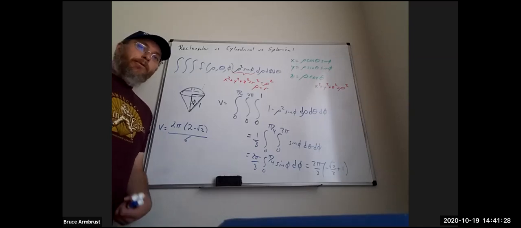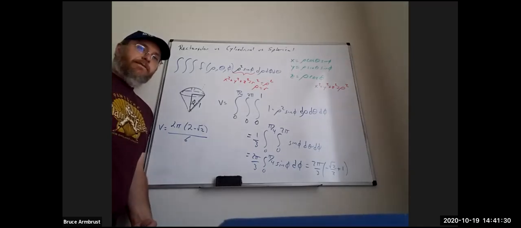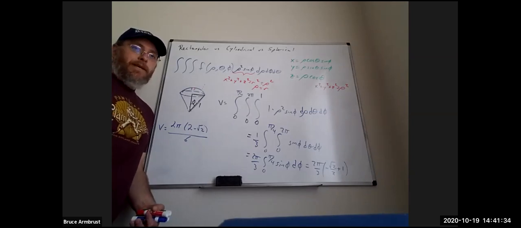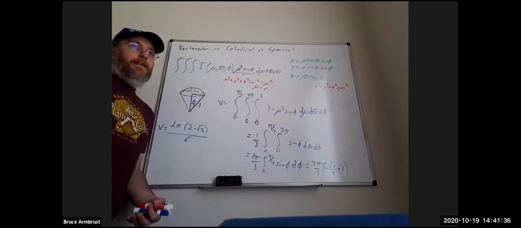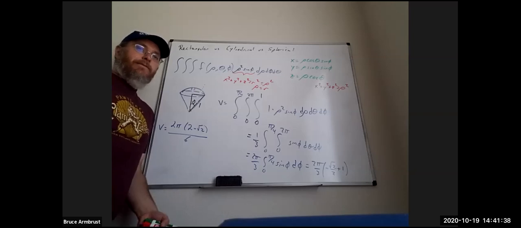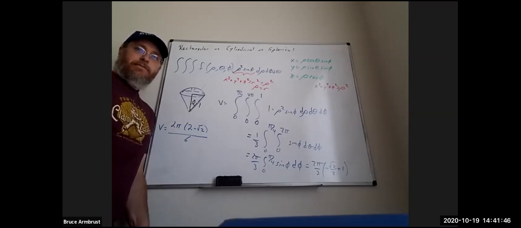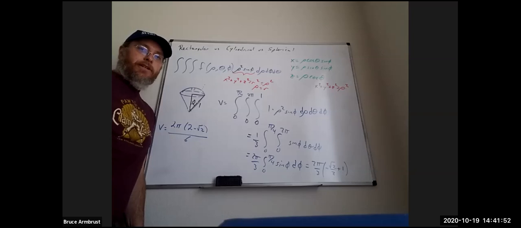I wouldn't be surprised if the Greeks had a pretty good idea of what the volume of a sphere was. They may not have known exactly, but then calculus would have ended up proving it later. But that's a hard one to answer. I'm not that versed in the history of math.